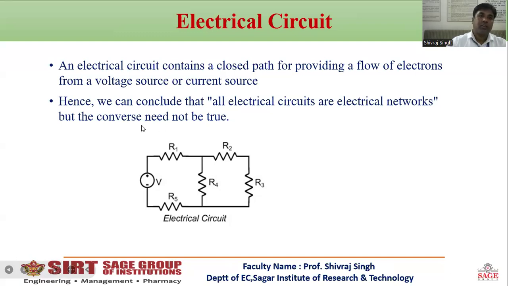In this case, we can conclude that all electrical circuits are electrical networks, but the converse need not be true. In a network there may be no closed path or loop, while in the case of an electrical circuit, a closed path is compulsory.